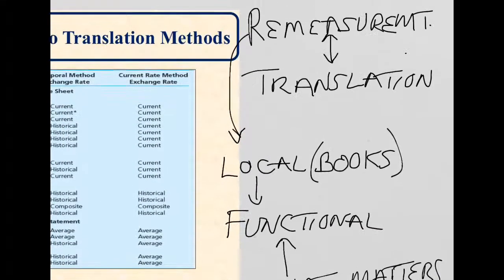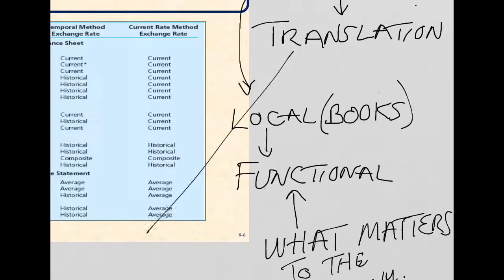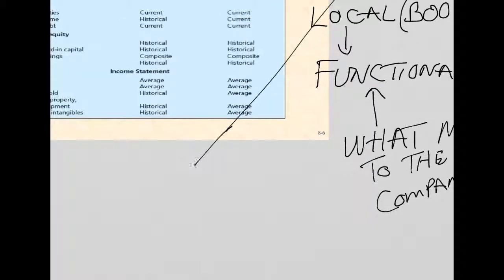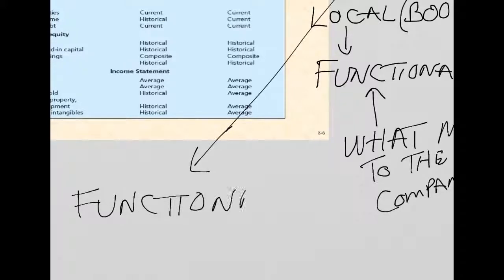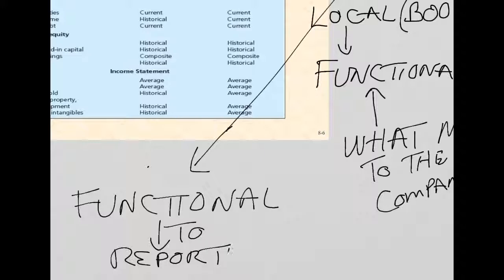The translation is something different. The translation is when you're moving from functional to reporting. And reporting would be based on the country that you're submitting your financial statements to, shareholders and regulatory authorities, things like that.